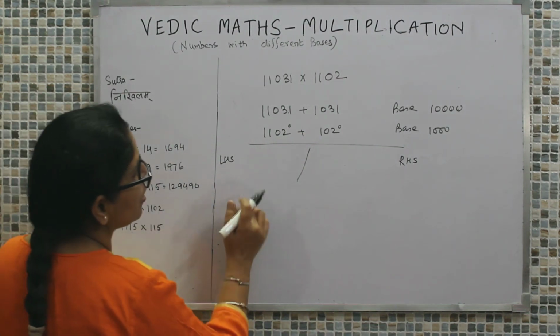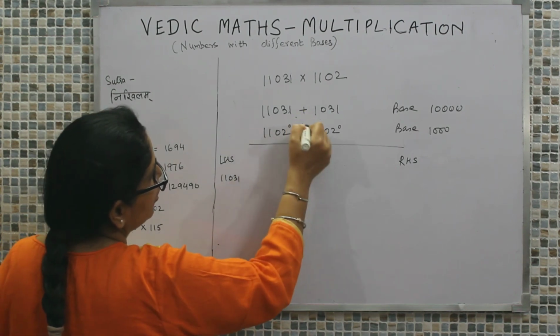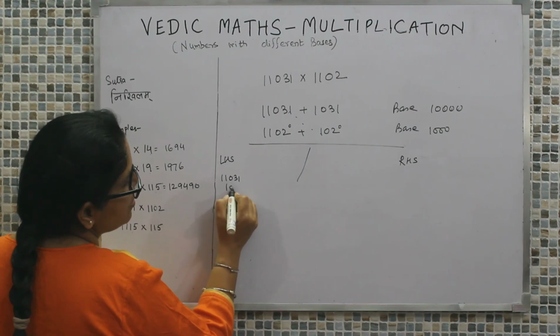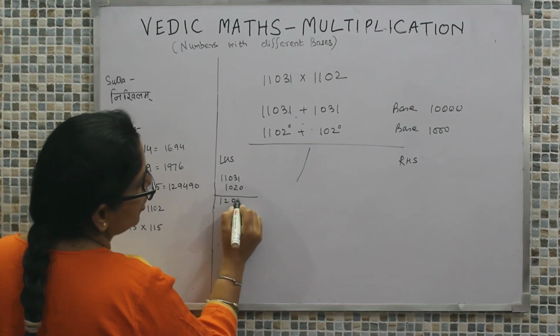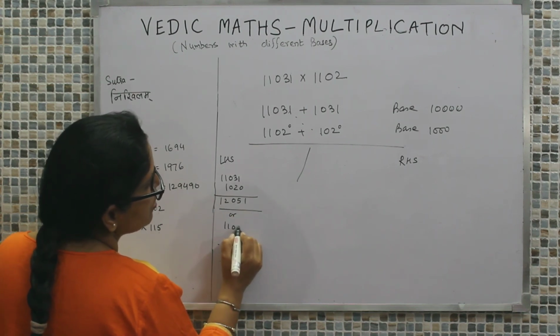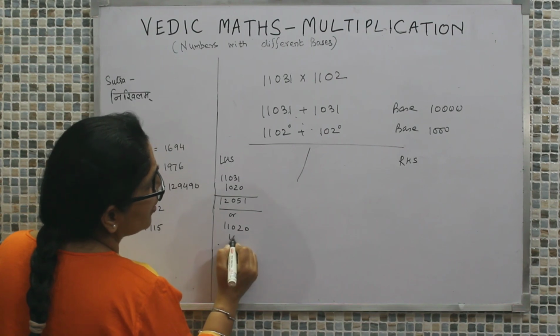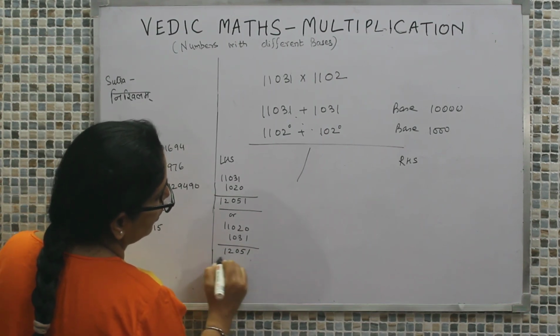For the LHS, we have 11031 plus 1020. Diagonal addition, 12051, or 11020 and 1031. So that is 12051.